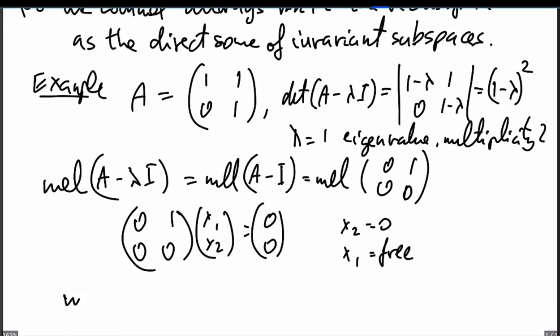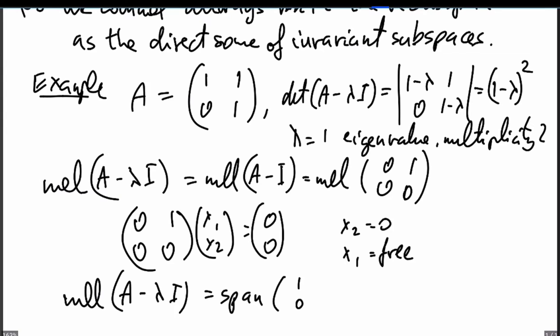So that means that the null space is just the span of one vector, which is 1, 0, since x1 is free. We can take x1 equals 1 and x2 is 0. So this has dimension 1.